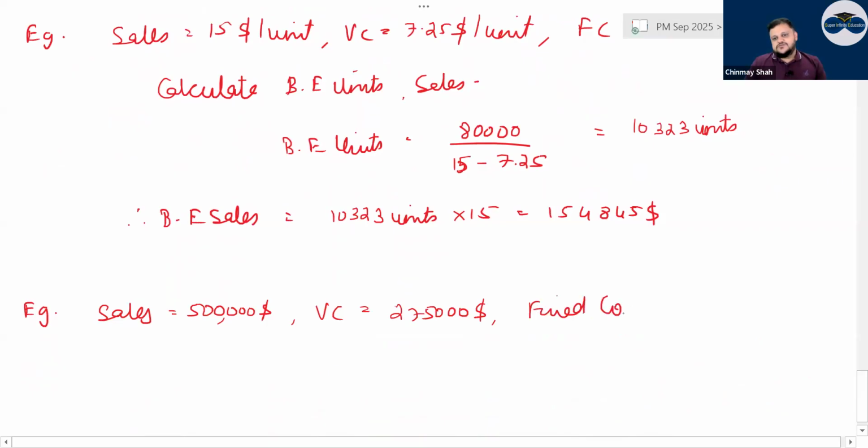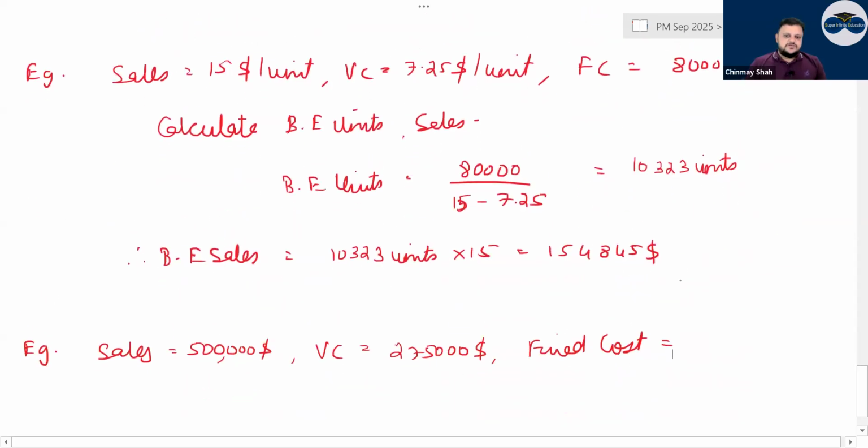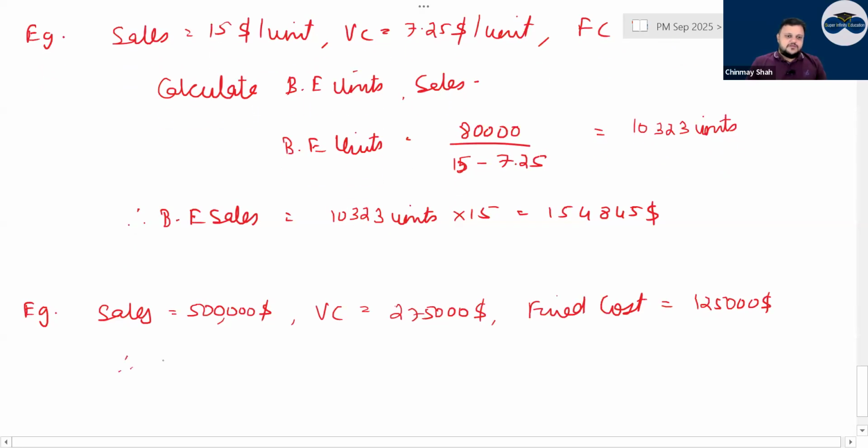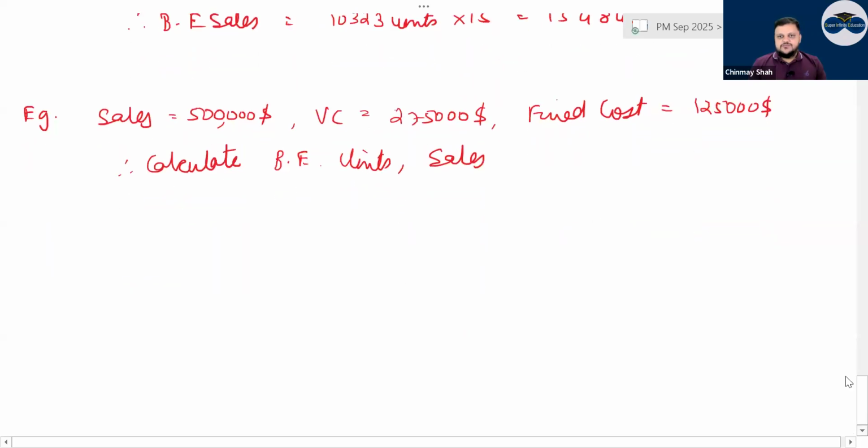Fixed cost is equal to 125,000. Therefore, calculate break even units. How to do this?